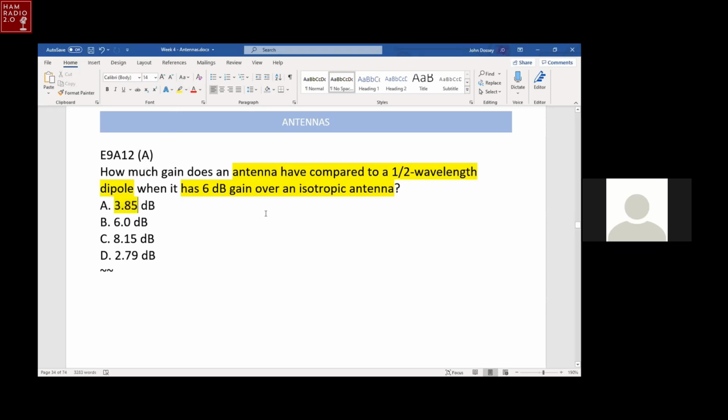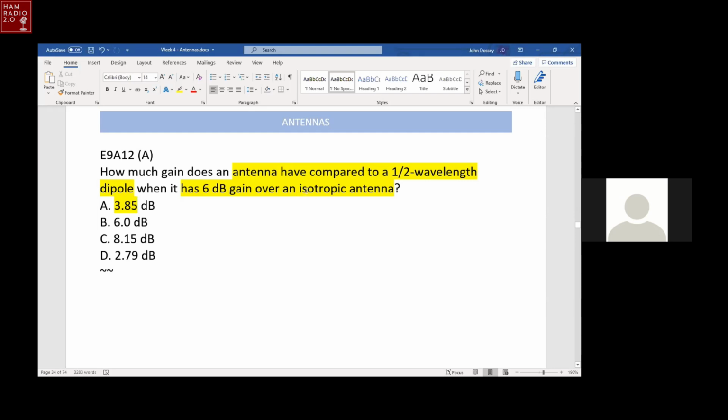The reason is the dipole has 2.15 dB gain over the isotropic. So you have to subtract the 2.15 from the 6, that makes 3.85. You see how that works?